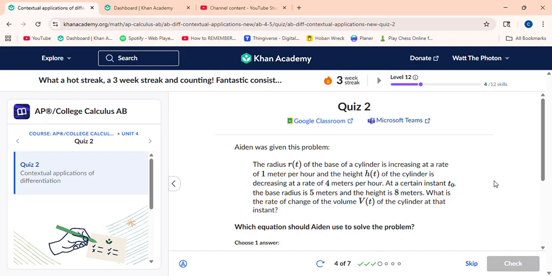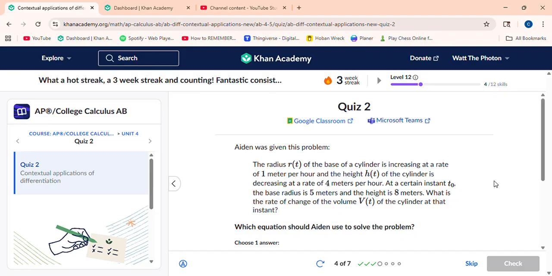What is the rate of change of the volume of the cylinder at that instant? So volume is equal to pi r squared h. So volume prime is going to be 2 pi r h dr/dt plus pi r squared h prime of t.